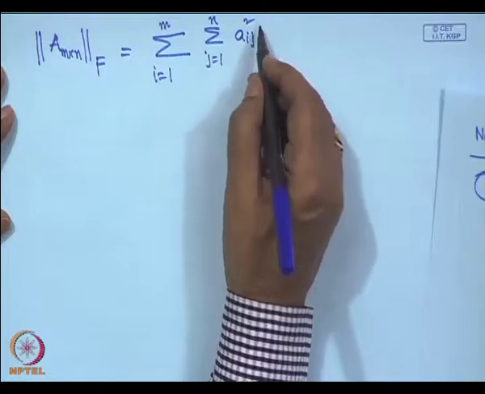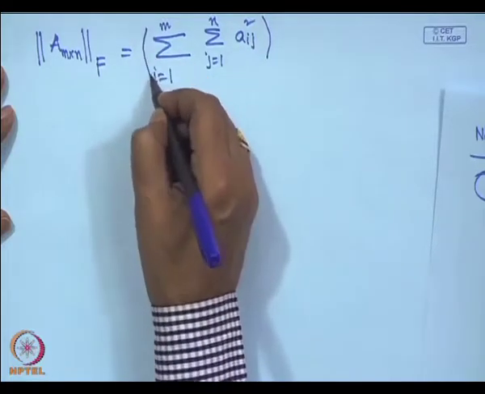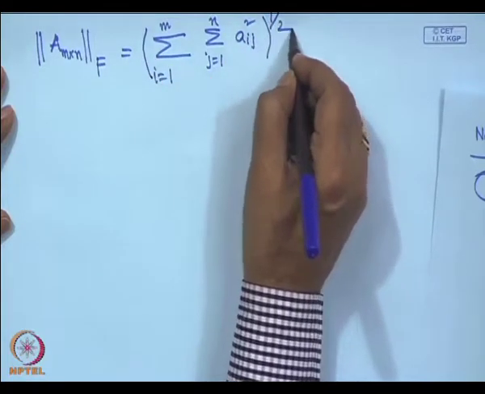You take the summation of all elements, then take the square root.